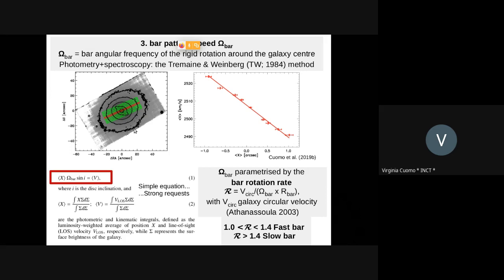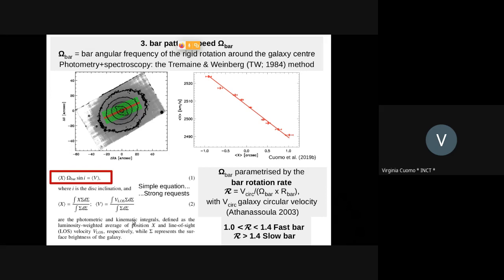To measure this quantity, we can apply the Tremaine-Weinberg method, which is a direct approach based on a simple equation, where the bar pattern speed is related to two quantities, the photometric and kinematic integrals.